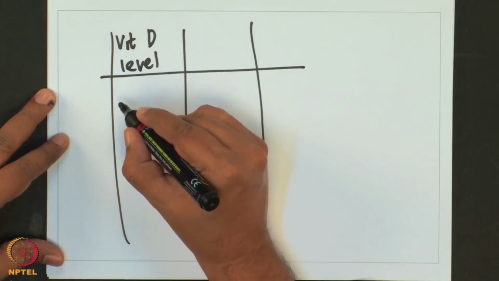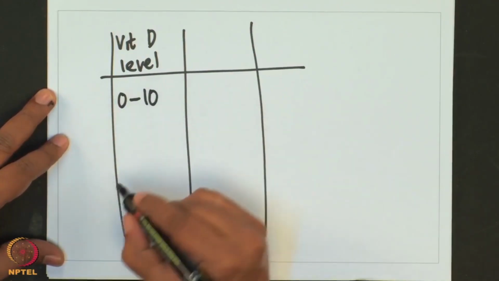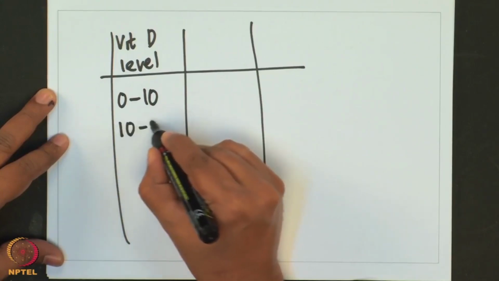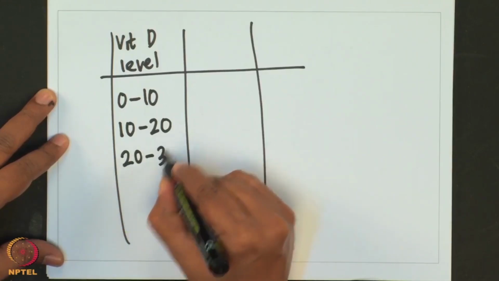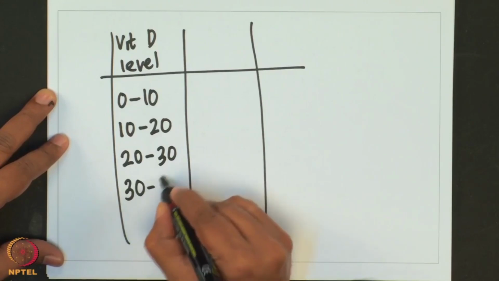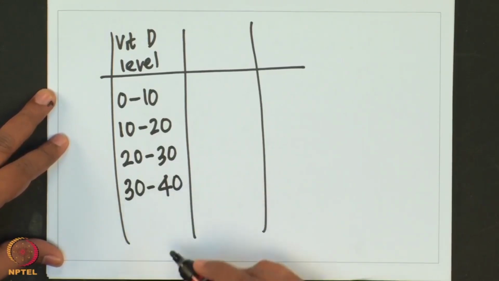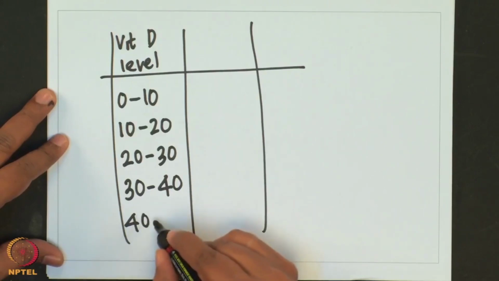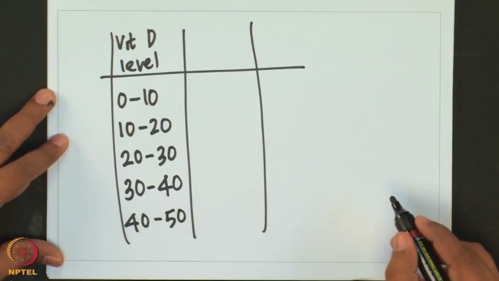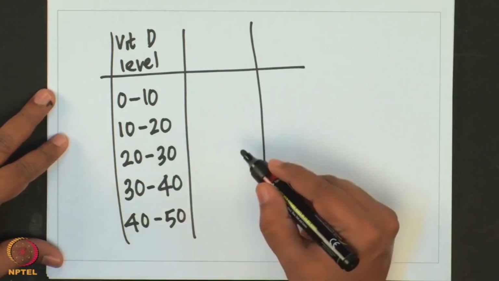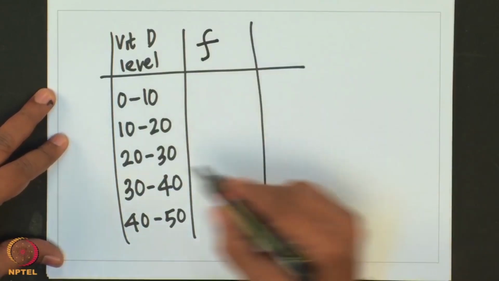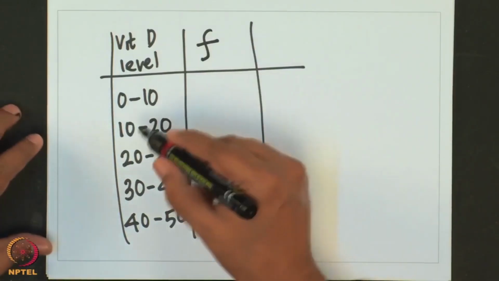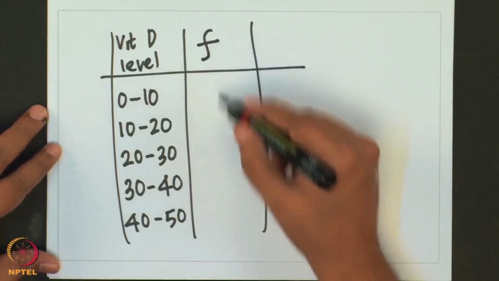We would ask the question, how many people have vitamin D level between 0 and 10 units? How many have vitamin D level between 10 and 20 units? How many have vitamin D levels between 20 and 30 units? How many have between 30 and 40 units? And you could ask up to 50, let us say how many have between 40 and 50. So, this is the range of vitamin D level in appropriate units, and the frequency F for each of this range would be given by the second column.